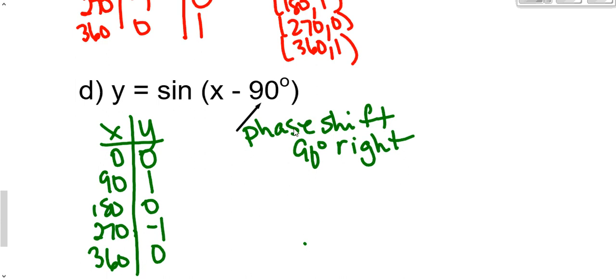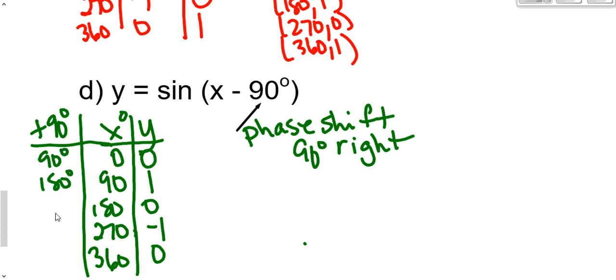Okay, now phase shift is moving this left or right. Notice that 90 degrees is being subtracted directly from the x. So we're going to go over here to our x values and I'm going to add 90 degrees. Now, what should make sense is that x is in degrees and this is in degrees, so that's why it's going to affect the x value. I'm going to add 90, so I'm going to get 90, 180, 270, 360, and 450.